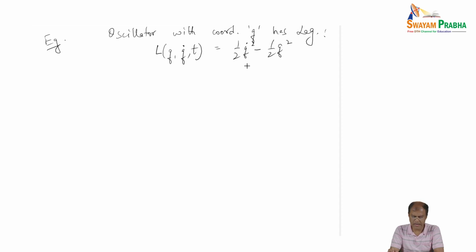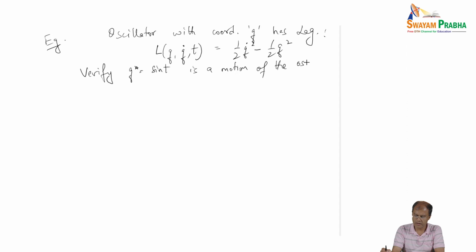So there is no explicit t dependence. Now further in this problem, we need to verify that q star is sine of t, and this is a motion of the oscillator, and show that it makes the action integral stationary. Okay, so this is what we have to find.